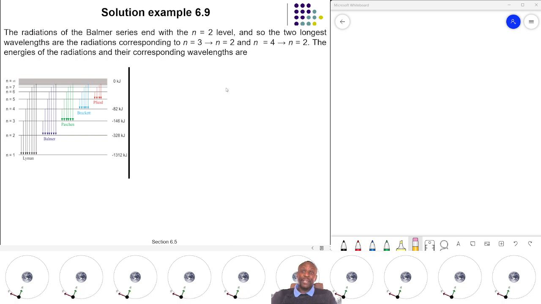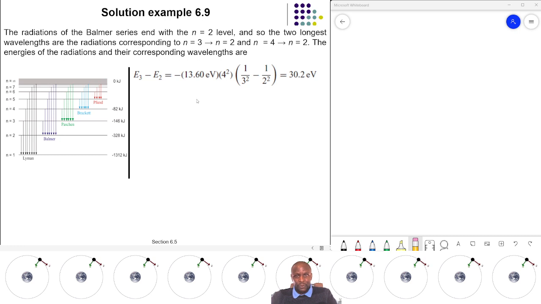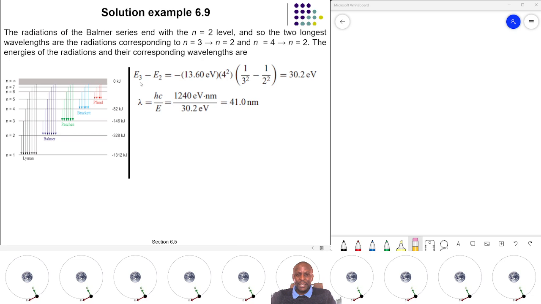Now the energies of the radiation and the corresponding wavelengths are as follows. From E3 minus E2, this is just going to give us this value. From the energy, we can get the wavelength, because we can just use this equation. Now this is what you are going to have for the wavelength.